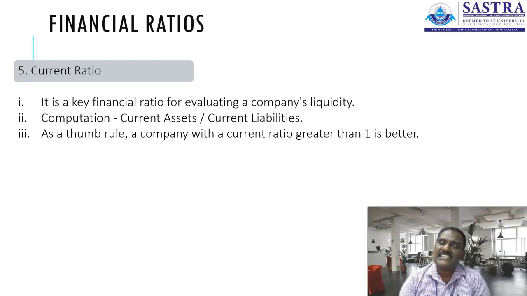Current assets are the assets which can be easily converted into cash. For example, cash in hand, cash at bank, and the closing value of stocks, including the inventories owned by the company.